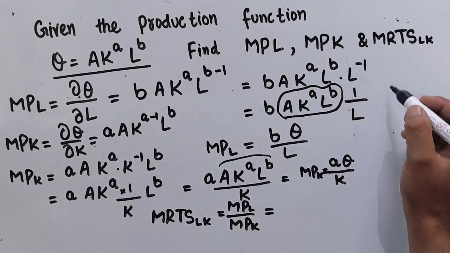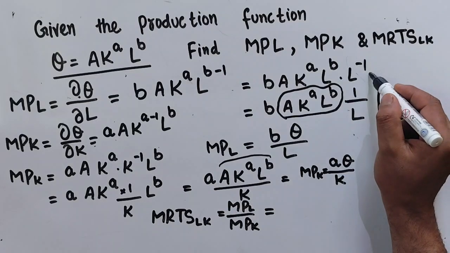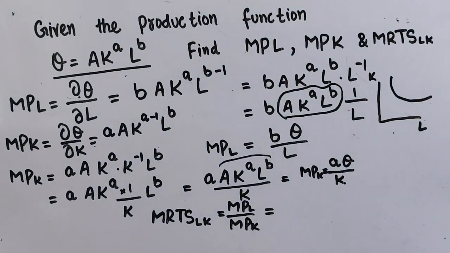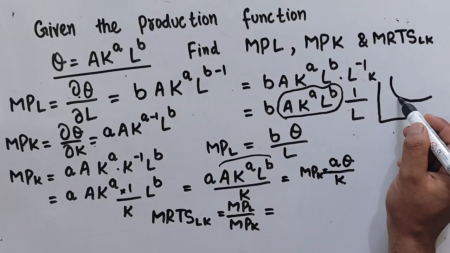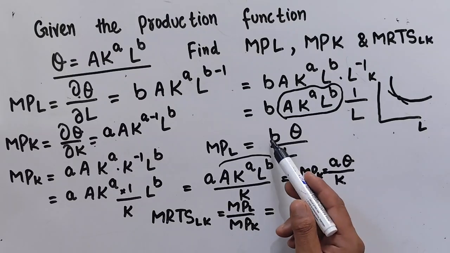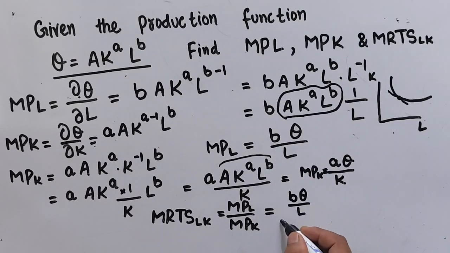If we have labor on the horizontal axis and capital on the vertical axis, and this is our isoquant, the MRTS shows us the slope of the isoquant here, and it is the ratio of the marginal product of labor and capital. So the marginal product of labor is this, bQ upon L, and the marginal product of capital is aQ upon K.